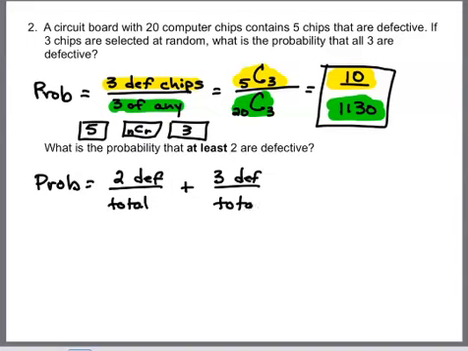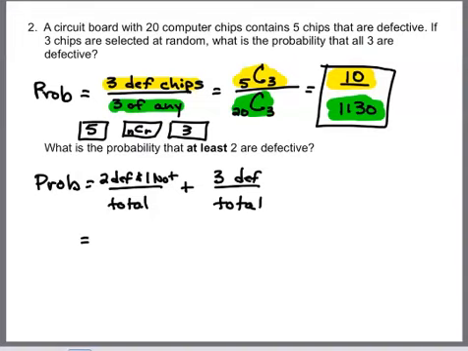Now we have to remember we're still taking 3 chips. So if 2 are defective, it has to be 1 that is not defective. So 2 defective and 1 not defective. All right.